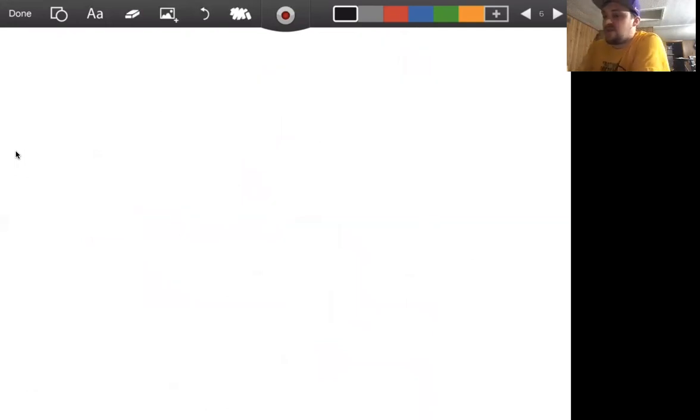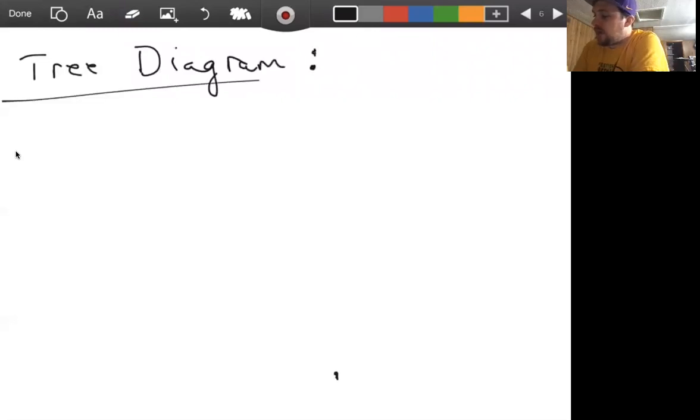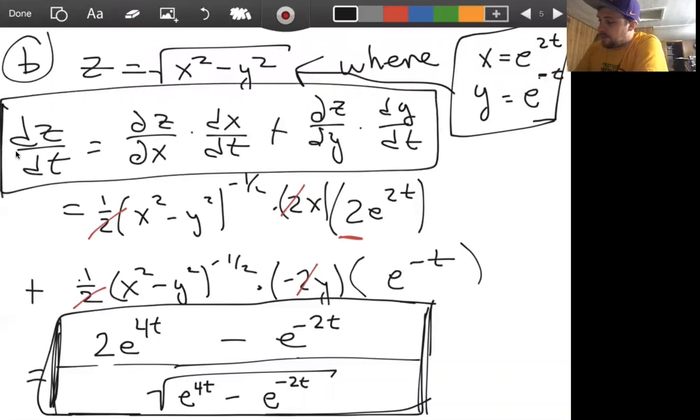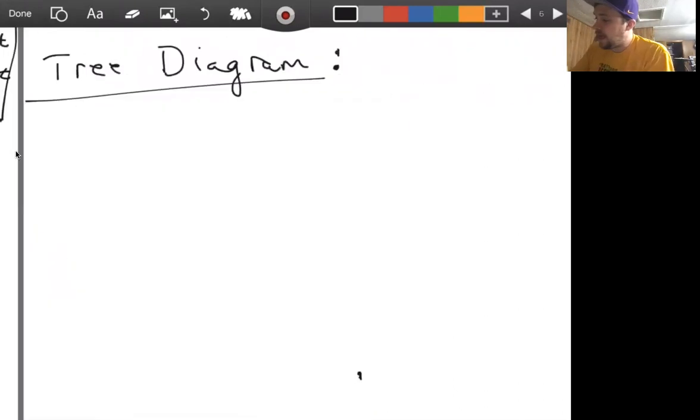So there's a nice way for helping us remember the formula, and it's called a tree diagram. You know, we can have this formula memorized in single variable. It's not too bad, right? Once you write it down a few times, it starts to come by memory.